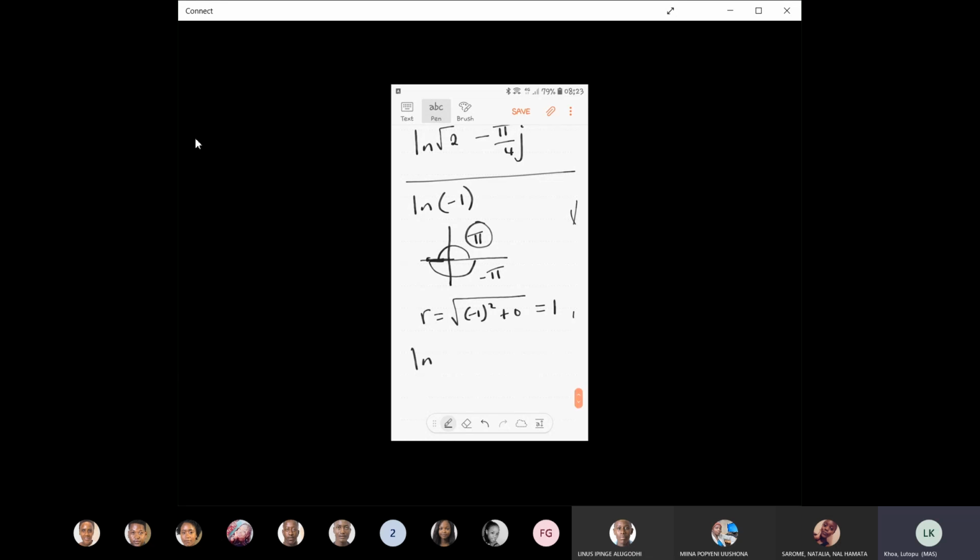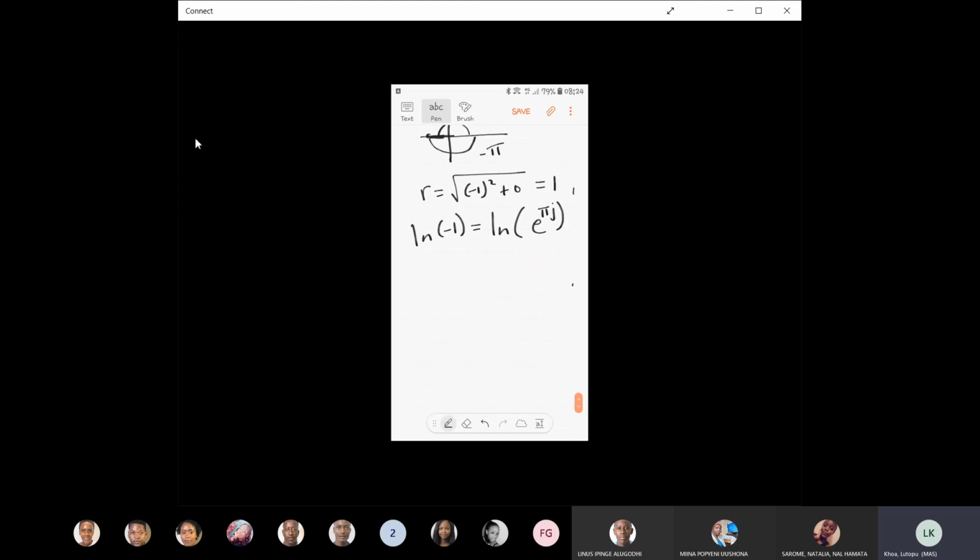So ln of minus 1 is just equal to ln of e to the power of pi j, not minus. Okay, so that's what I have over there. The coefficient is 1, but I don't really need to write it.